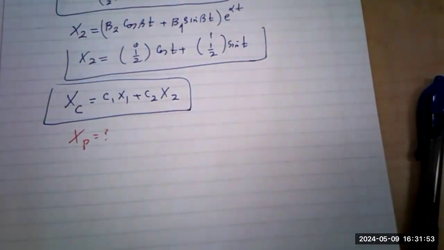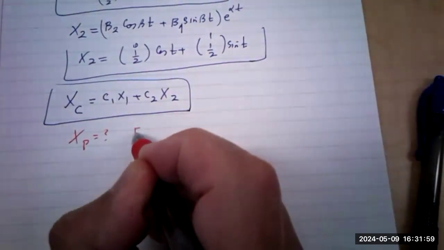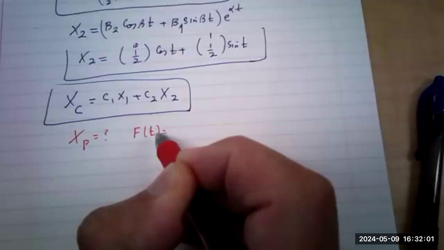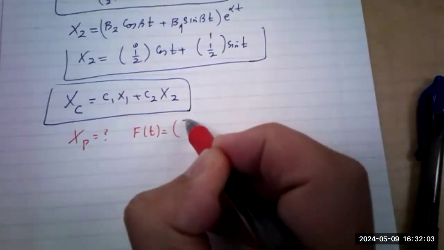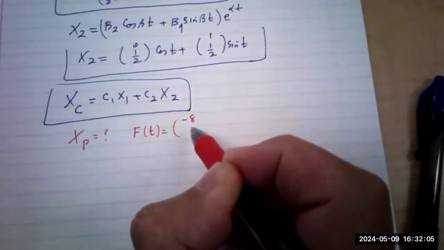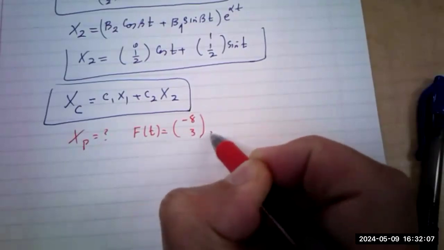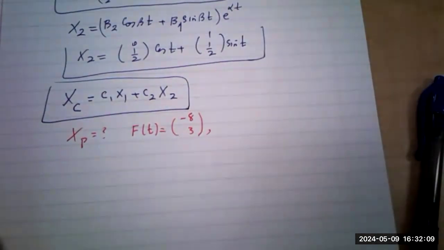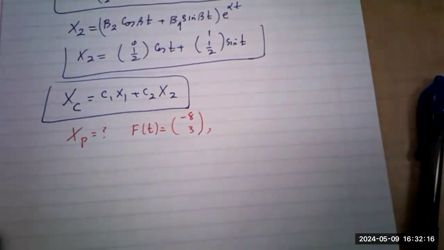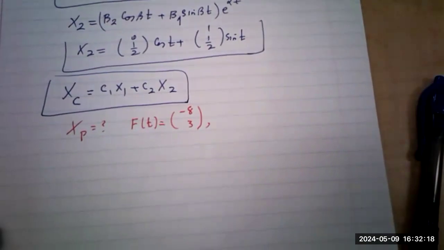To get the solution, you bring the extra function that you have. Remember, your f of t is just a constant vector, so it's a constant polynomial. Remember when we did undetermined coefficients, we changed these coefficients into the two unknowns, a1 and a2, for example.